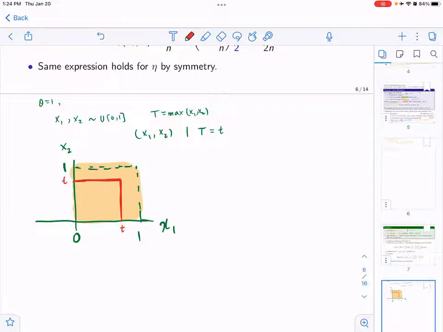So all the mass would be here. And you can easily argue for yourself that I'm restricting the entire mass to this piece. And so it would be uniform on this piece. So this would be uniform on this set of all x1, x2, such that x1 is equal to t and x2 is in 0 to t, or x2 is equal to t and x1 is in 0 to t.